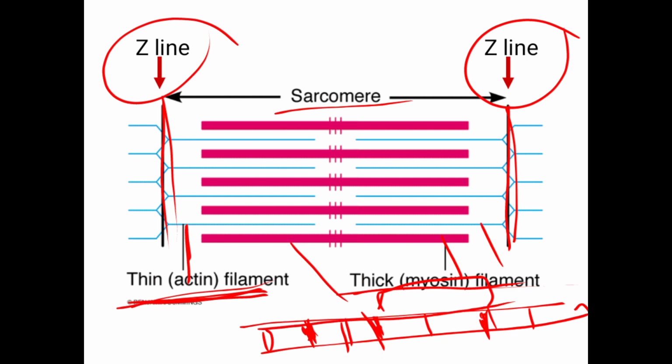If you take a single muscle fiber, you can see it has alternating thick and thin filaments.